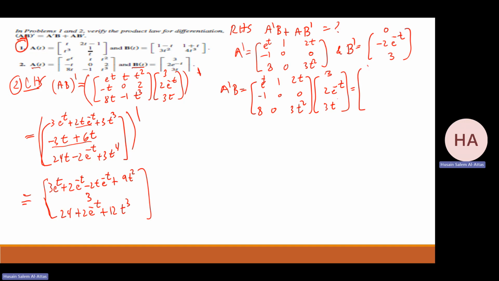Yeah, it's only one vector. 3e^t plus 2e^t minus t plus 6t squared. Okay. This one gives me minus 3. Okay. This will be 24, 0, plus 9t cubed.